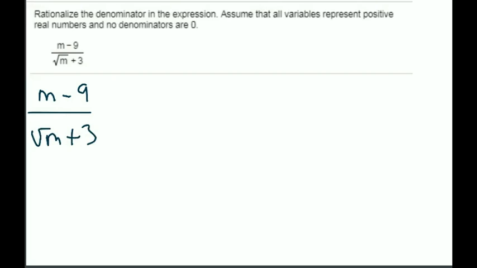So first off, we have to identify what the conjugate is. Remember, we multiply the numerator and denominator times the conjugate of the denominator. And the conjugate of the denominator is square root of m minus 3.